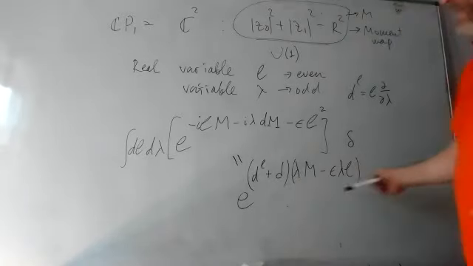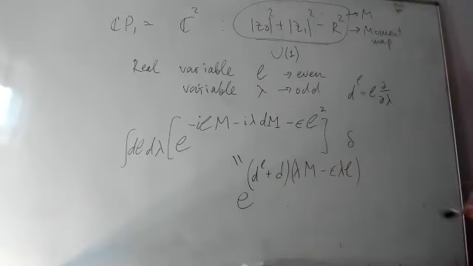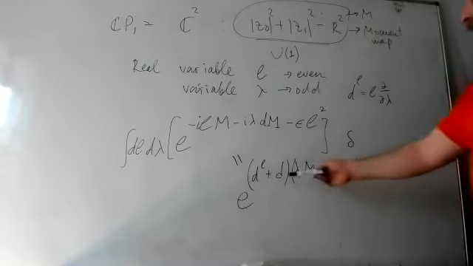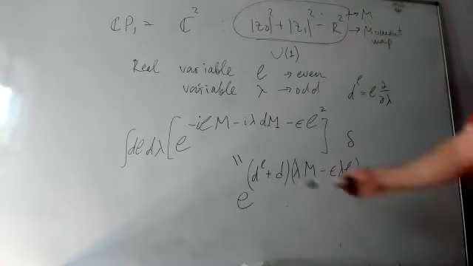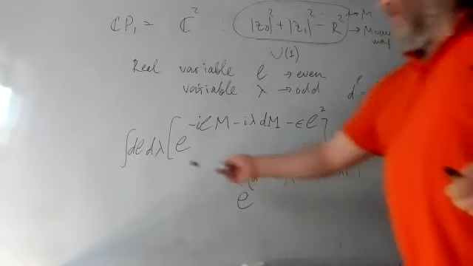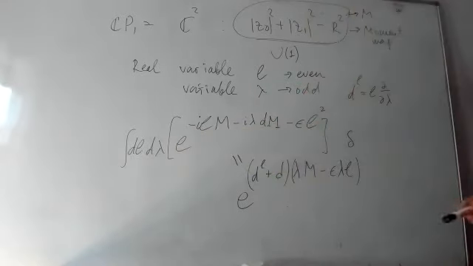So that's how I see that this object is D-closed. It's dL plus D-closed, and I integrate here.